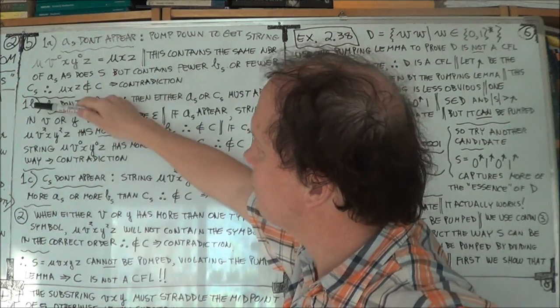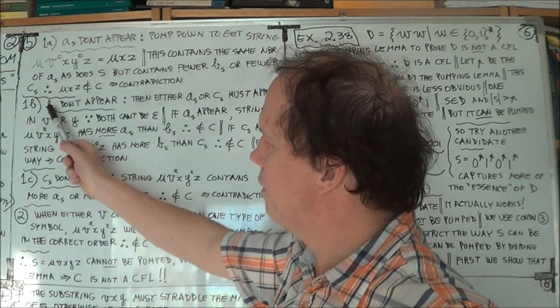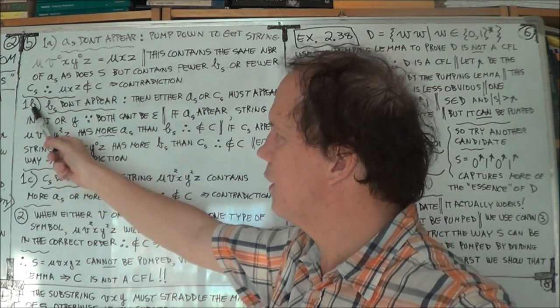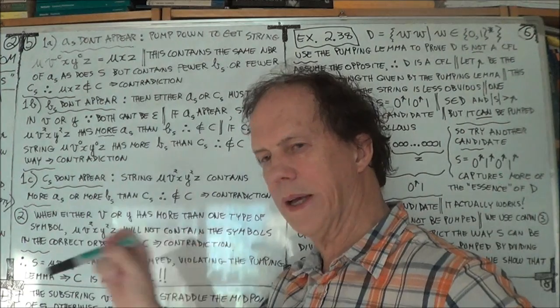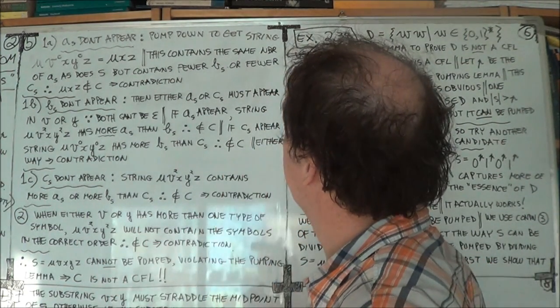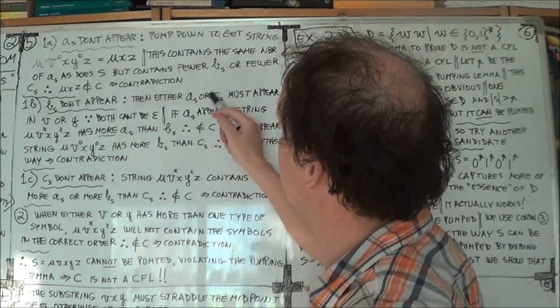We've got a contradiction. Now 1B, and in this case, in your V, there are no B's. So in your V, there are either all A's or all C's. So your V consists either of A's or C's.